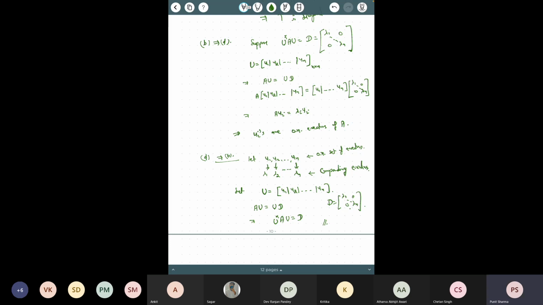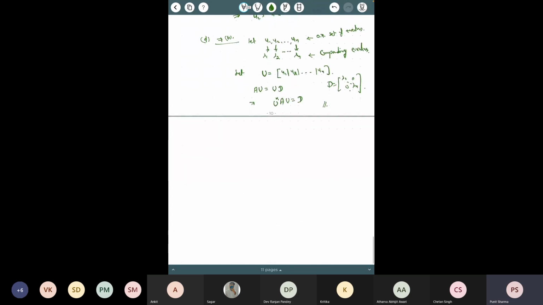Using that, can you guess a similar statement for normal matrices? Because you know that normal matrices are always diagonalizable, in fact unitarily diagonalizable. Try to speak out a similar statement. We will see whether it is valid or not.